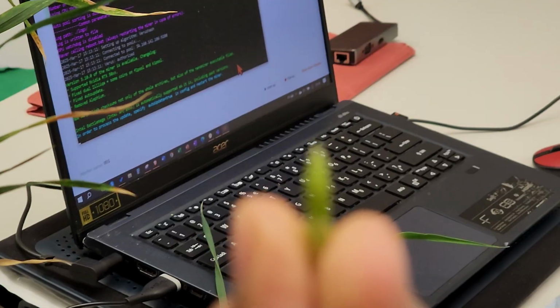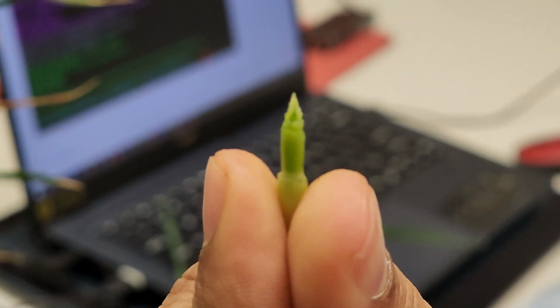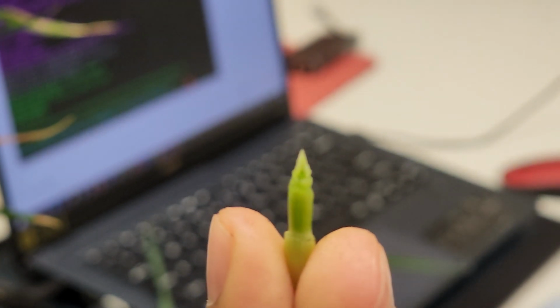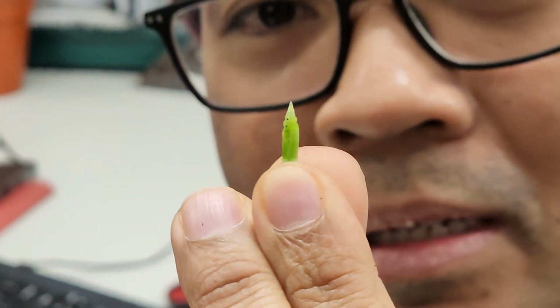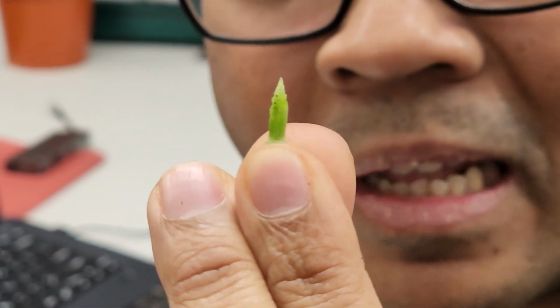What do you see? Did you see the tip of the rattlesnake tail? Yes. Right. Actually, that's not the right region. This is the one. You see that? So that's the rice meristem. It looks like the tip of the rattlesnake tail.